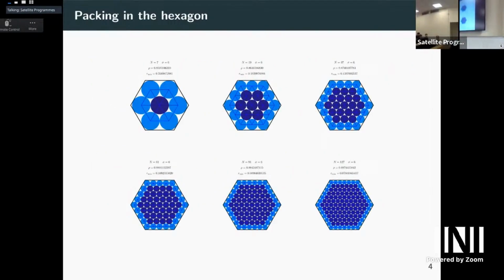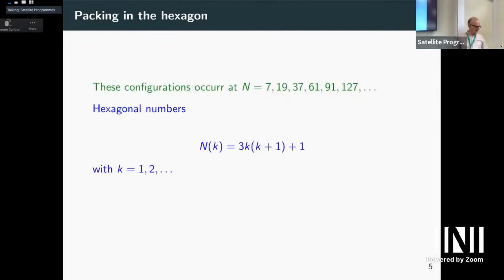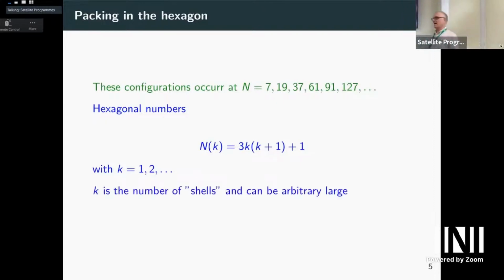Here you see two examples. This is 7, 19, 37, 61, 91. You can keep going, because essentially in this case you tend to the continuum for n going to infinity. Actually, you can also extrapolate the sequence. These numbers are called hexagonal numbers, so they are like the magic numbers of the hexagon. And k is also the number of shells inside this hexagonal packing in the hexagon.